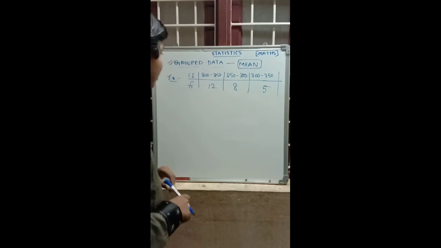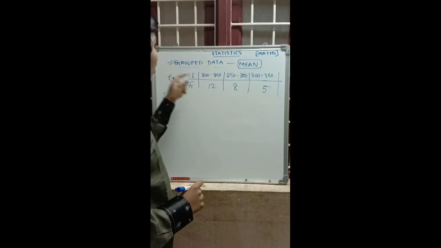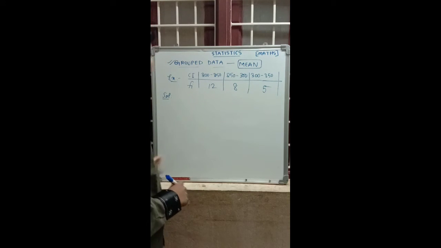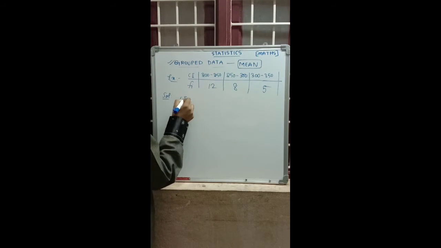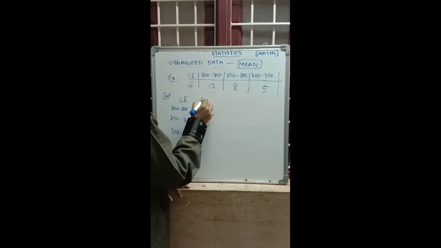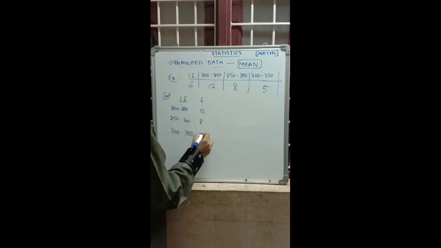Now let's start the solution. First we write the given horizontal table in vertical form: class intervals 200 to 250, 250 to 300, 300 to 350, and the frequencies 12, 8, 5.